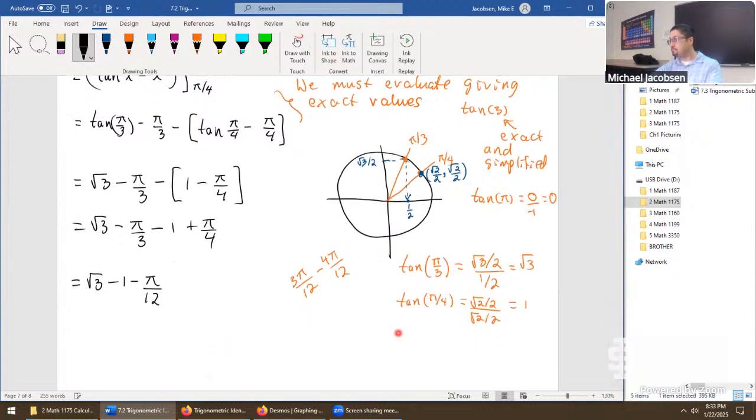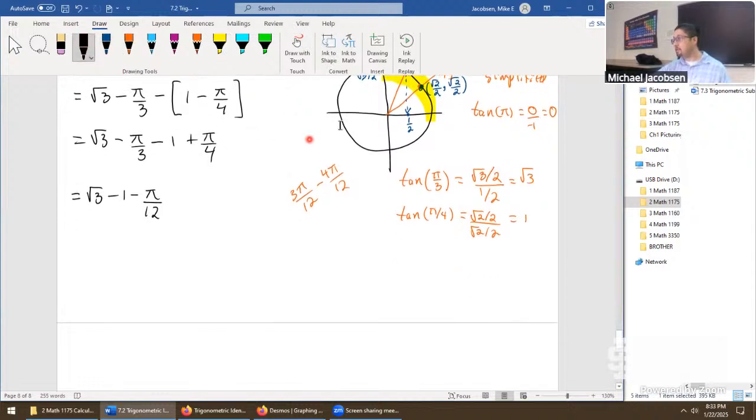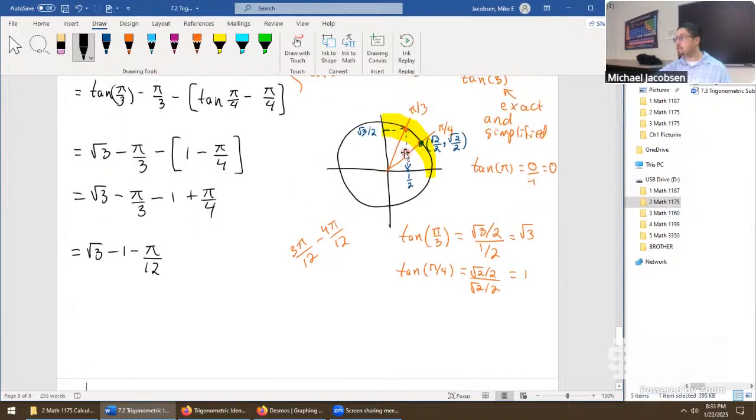An easy way to remember the first quadrant of the coordinates or the chart, going this way, is if you just take your 3 coordinates that you have for the 3 main sections of the first quadrant. You mean like here, here, and here, that white space? Oh, gotcha.